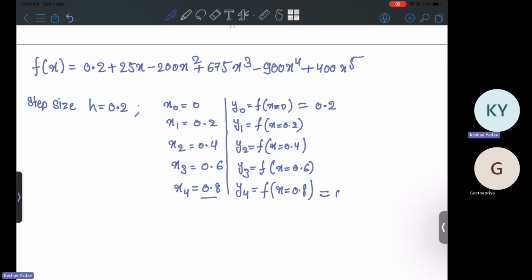So this will be equal to 0.232. Then please tell me the value of this and this.